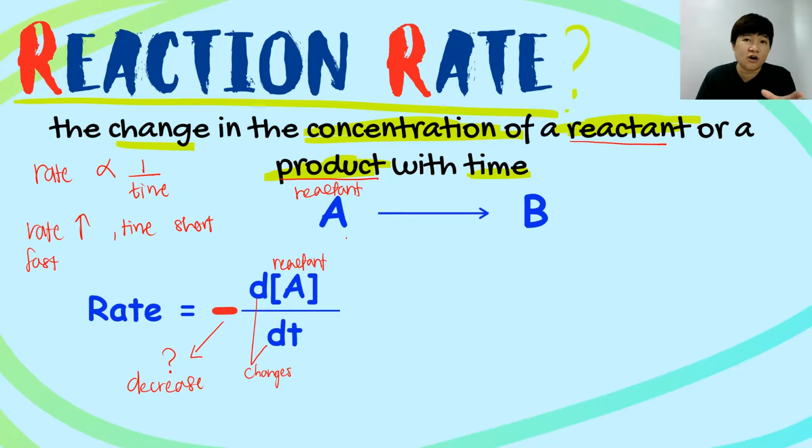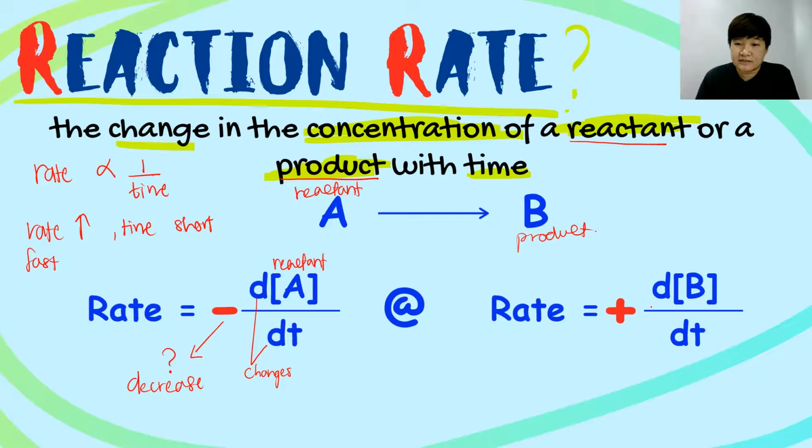If the concentration of reactant decreases over time and is represented by the negative symbol, what about the product? What would be the symbol for the product? As you can see, for the product, the symbol will be positive because positive represents an increase. In a reaction, the concentration of product will increase along the time. So rate equals positive change in concentration of B, the square bracket of B representing concentration, over change of time.